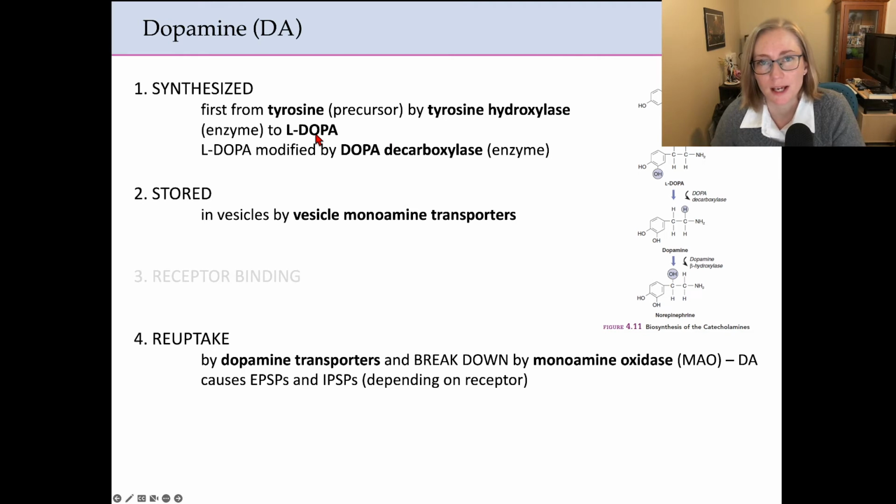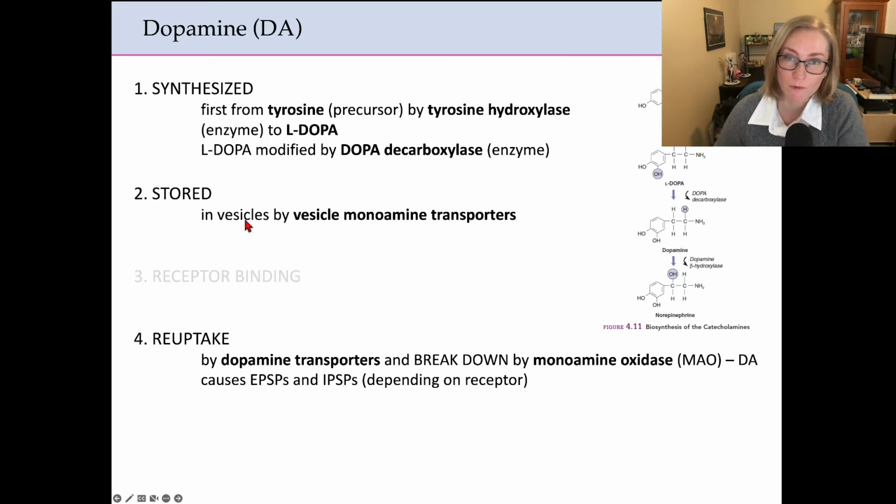It converts tyrosine to L-DOPA, and then L-DOPA is converted to dopamine by dopa decarboxylase, another enzyme. That's what you're seeing here. So tyrosine, L-DOPA, dopamine. And in fact, to get to norepinephrine, there's only one enzyme required that changes dopamine to norepinephrine. So these guys are biochemically related.